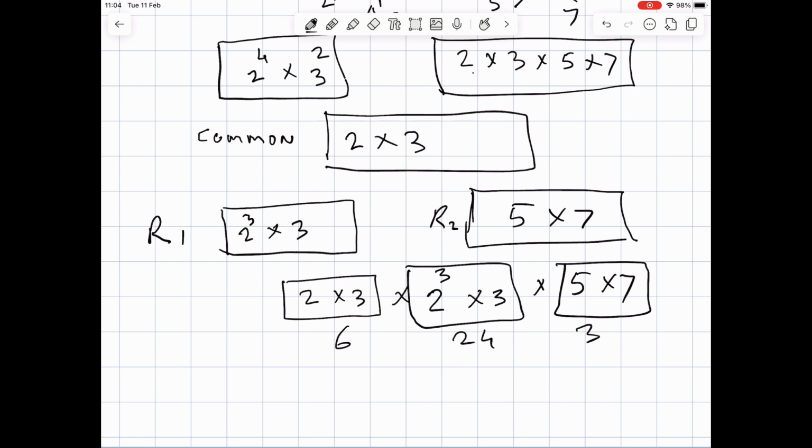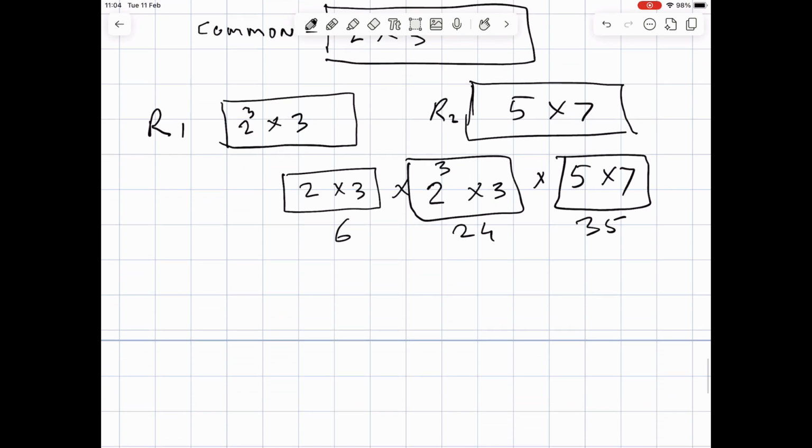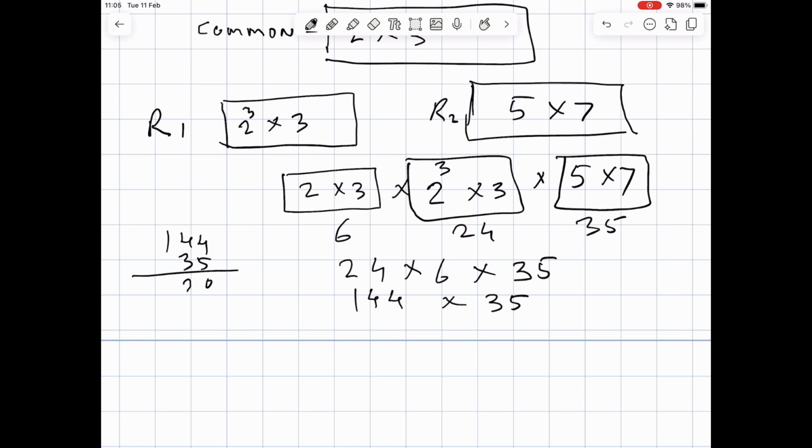Now you have to multiply all of them together, which will give us 6 times 24 times 35. So 24 times 6 gives us 144. 144 times 35. Let's multiply them on the side. 144 times 35 gives us 5040.